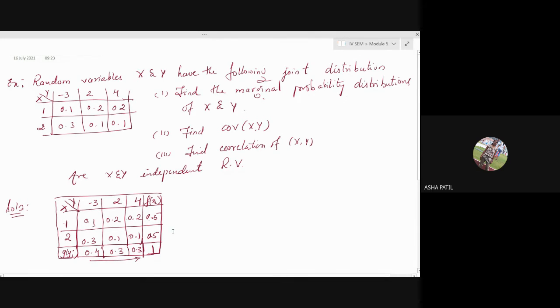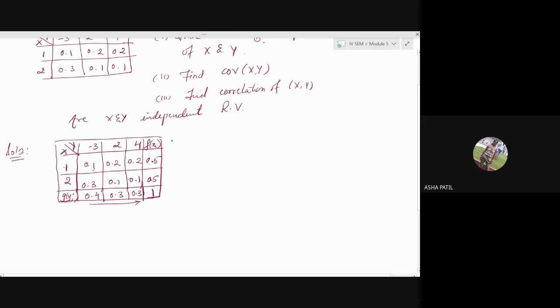You have to get this one, that is, the sum of all the probabilities must be equal to 1. Now you can just mention that the last column and the last row indicate the marginal distributions of x and y. Or else clearly, if you want, you can mention it once again. The marginal distribution of x: you can write x and f of x, corresponding values.